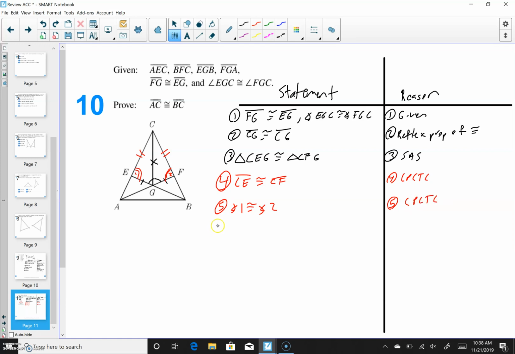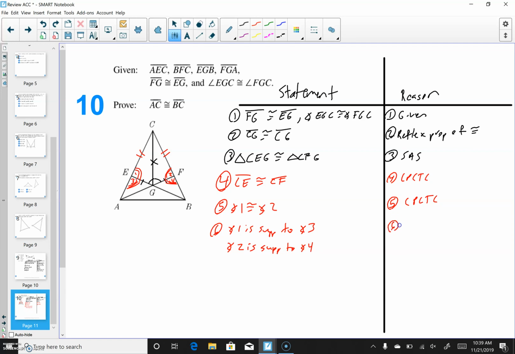Then I'm going to work with our supplement piece. So then I will call 3 and 4. Remember, supplements take 2 steps. So angle 1 is supplementary to angle 3. Angle 2 is supplementary to angle 4.